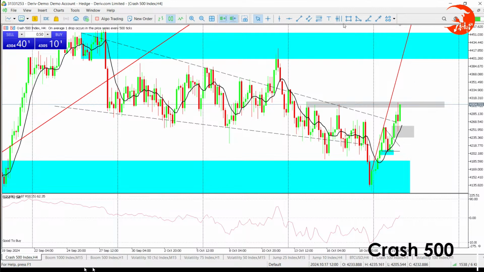So once we have a breakout, you know how we do it: retest back to the break of structure there, or to the breaker block, and then later on get into that. So as usual, you have to follow your strategy.